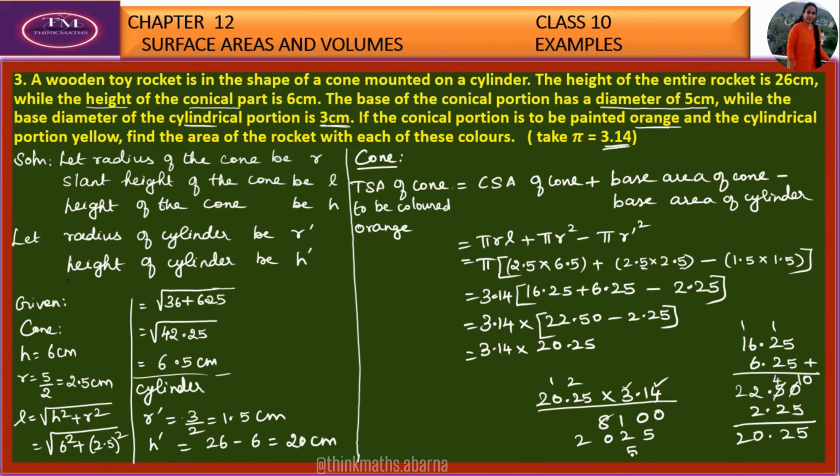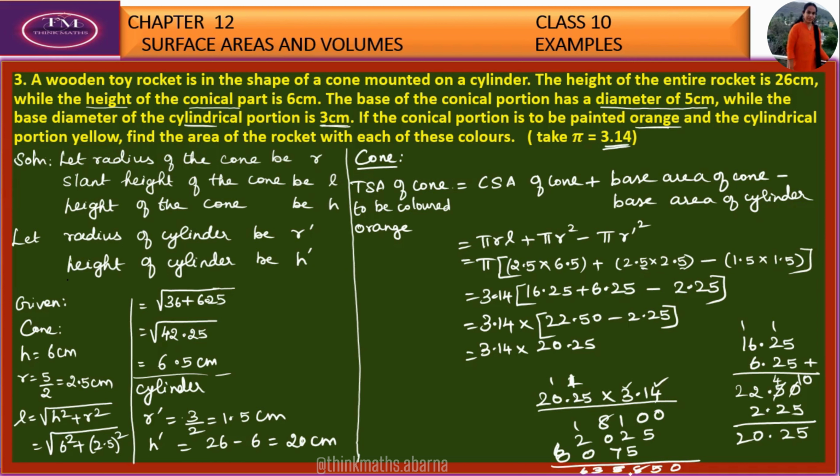5 threes are 15, balance 1. 2 threes are 6, 6 plus 1 is 7. 0 threes are 0, 2 threes are 6. Now adding all these numbers: 0, 0 plus 5, 5, 1 plus 2, 3, 3 plus 5, 8, 8 plus 7, 15, balance 1, 1 plus 2, 3, and this.